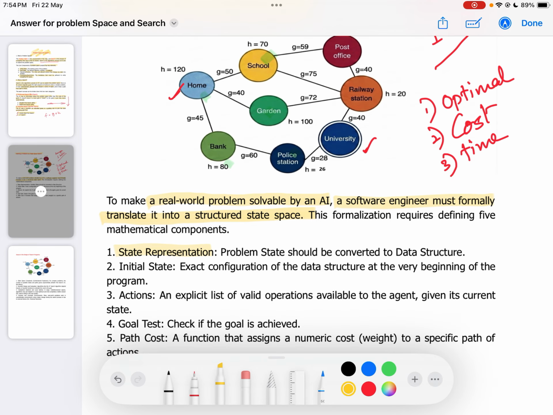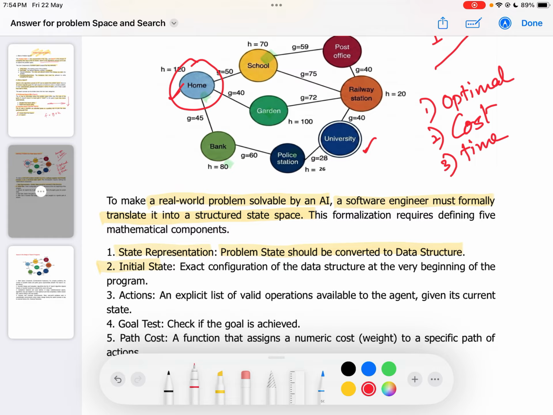Now, the state representation. The problem state should be converted to a data structure. Now, Amazon's 1 lakh deliveries have to be converted into multiple areas, streets, and such, so that the 1 lakh deliveries happen in one day. Okay, so the initial state, here the initial state is home.